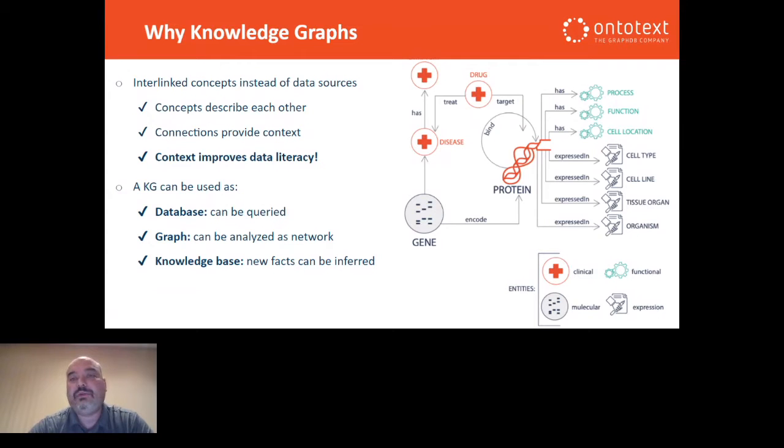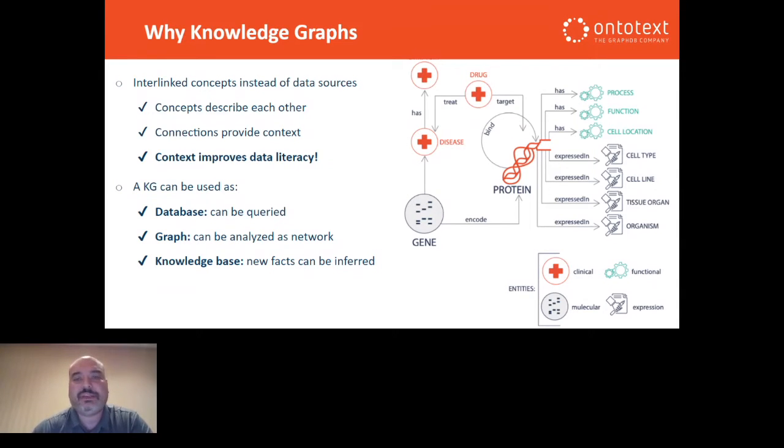And really to put all this information in specific use, in specific context, based on the surroundings of the concepts in the knowledge graph.